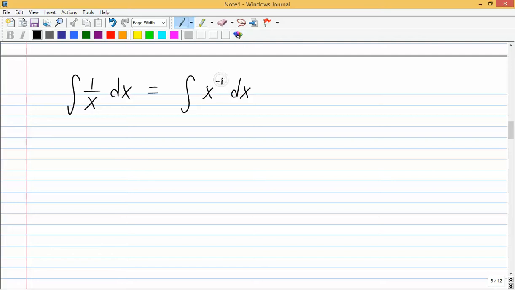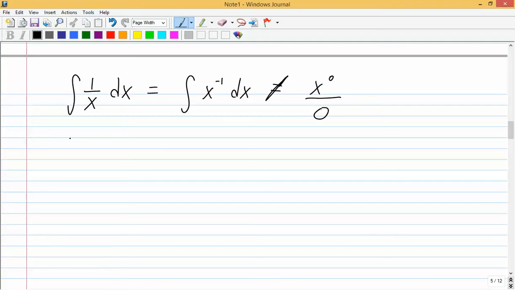And what would happen if I added 1 to this power? It will become x to the 0. So is this equal to x to the 0 power divided by 0? No, you couldn't do that. That was one of your restrictions. This power down here would have to be greater than 1 in order to use the power rule.